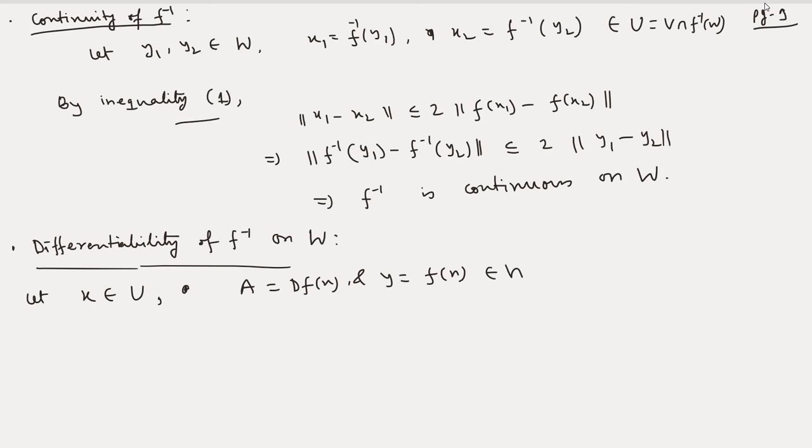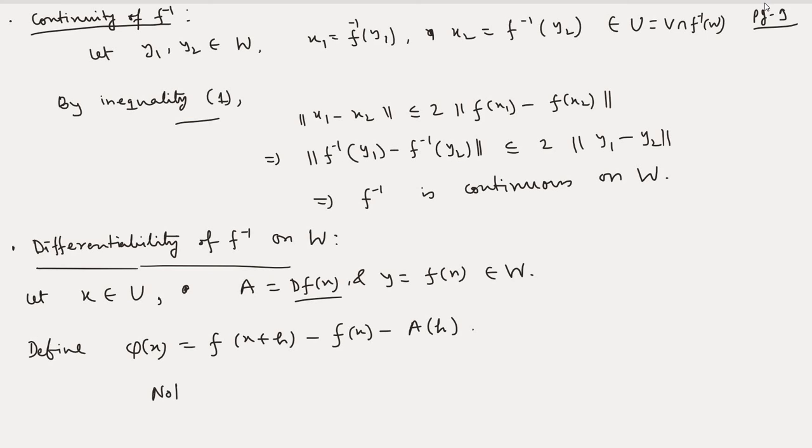This belongs to W. Now define phi of h, as in the previous lecture, equal to f of x plus h minus f of x minus A of h, where A is the derivative of f at x.